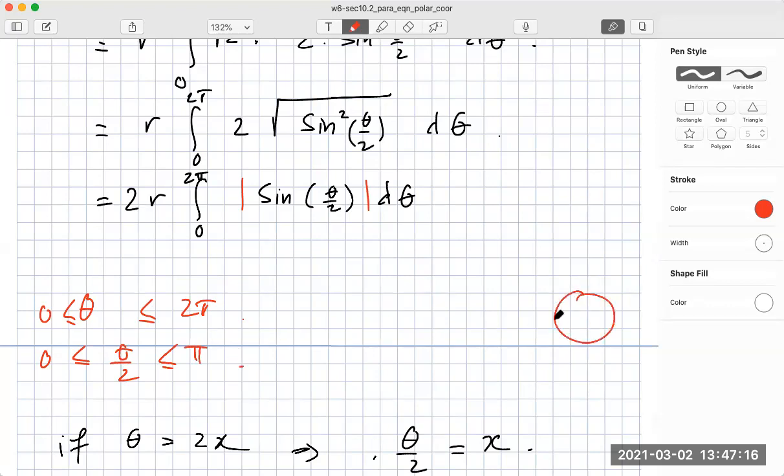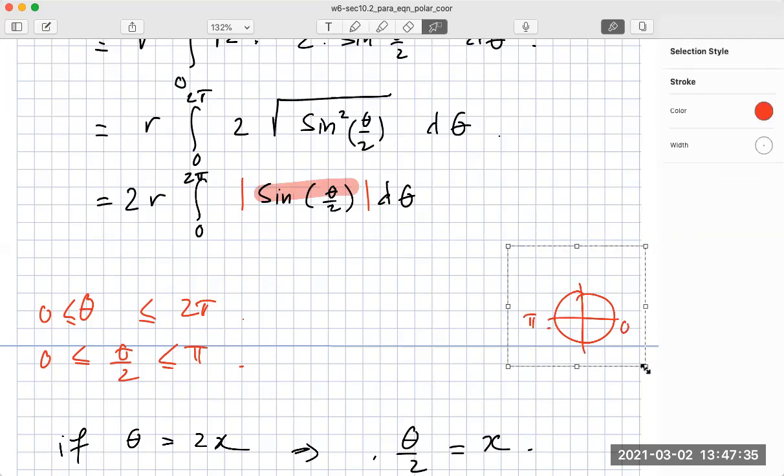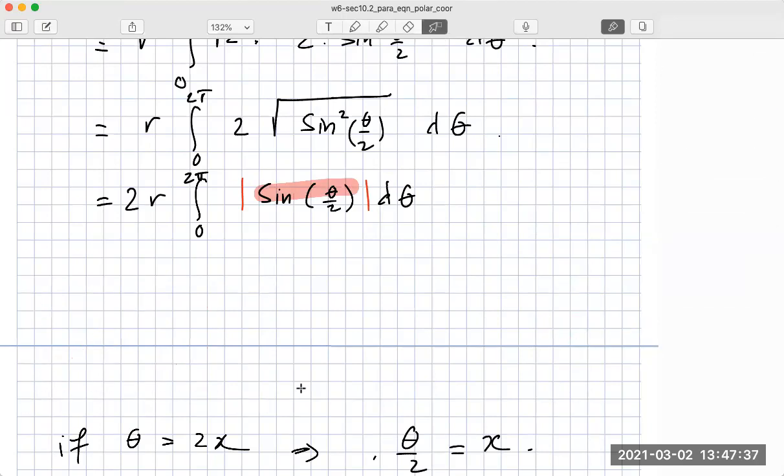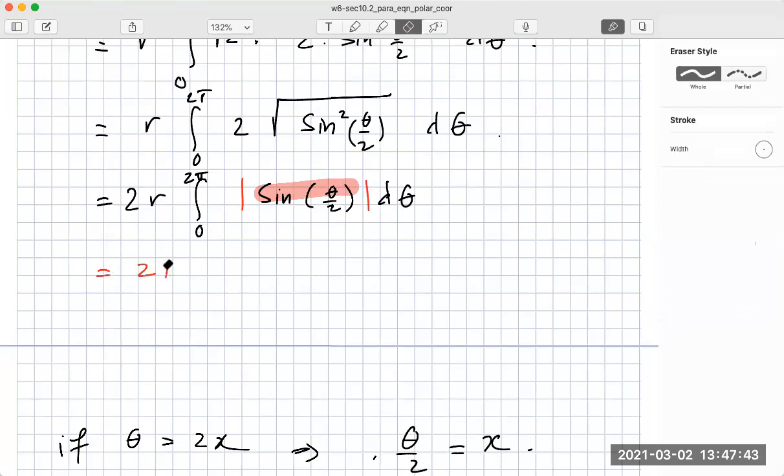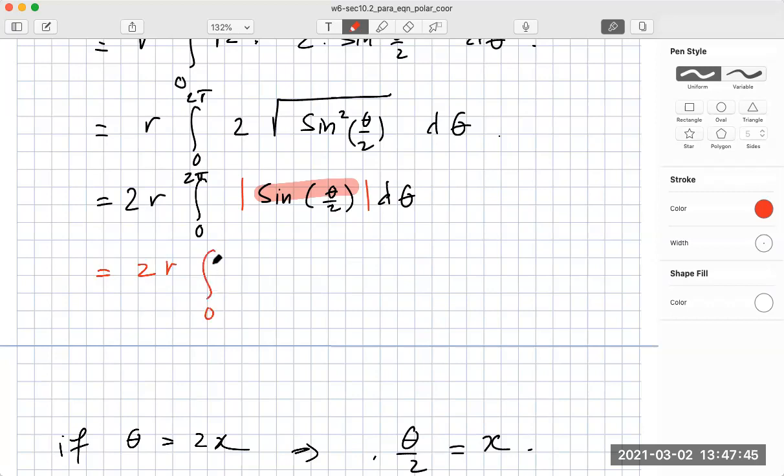And here is the unit circle. The angle is from 0 to pi. We know that sine of that angle will always be positive, right? If this is always positive, then we can get rid of the absolute sign perfectly well. So, very good. Therefore, it will be 2r integral from 0 to 2 pi of sine of theta over 2 d theta.